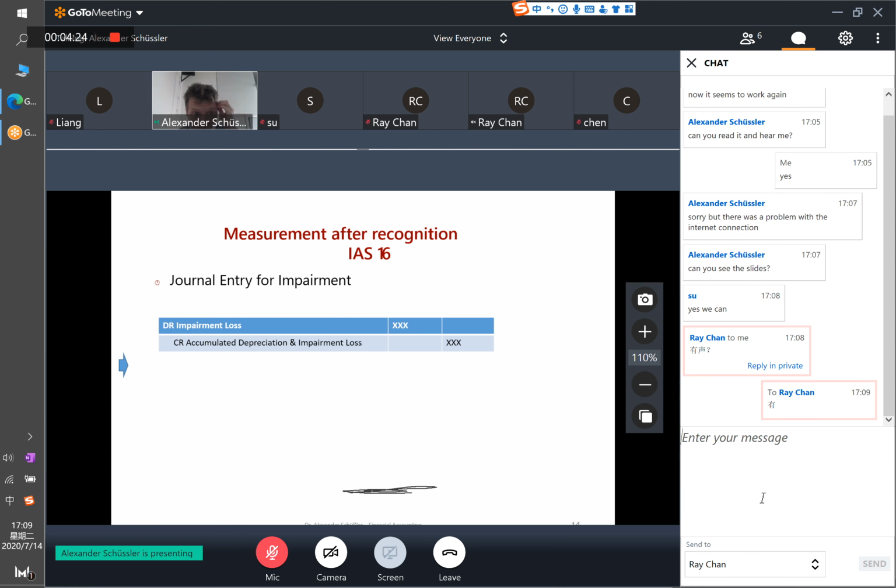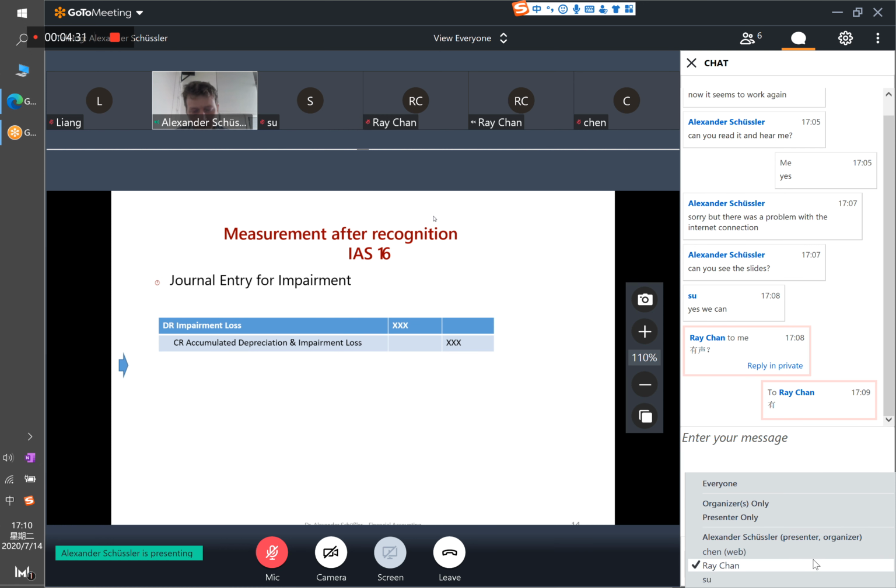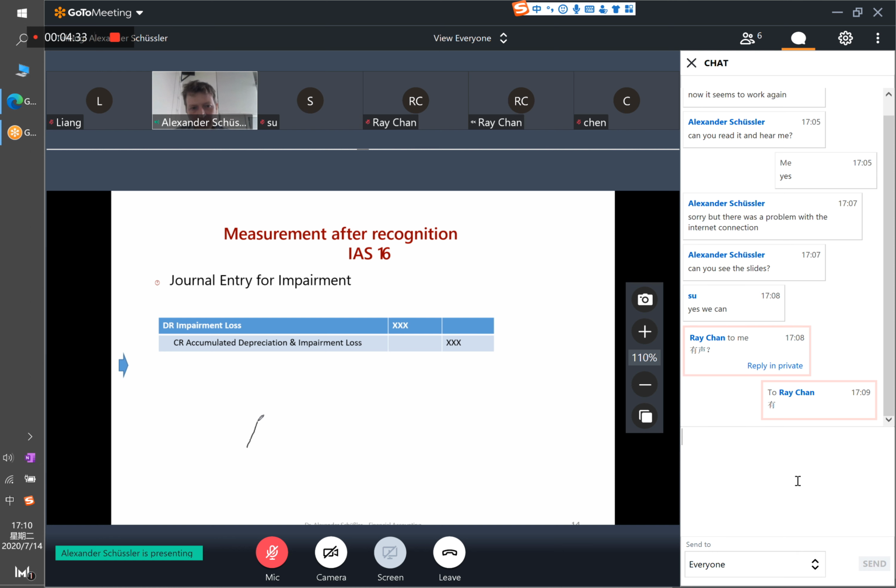And this is the related journal entry. You debit an impairment loss, and you credit accumulated depreciation and impairment loss.